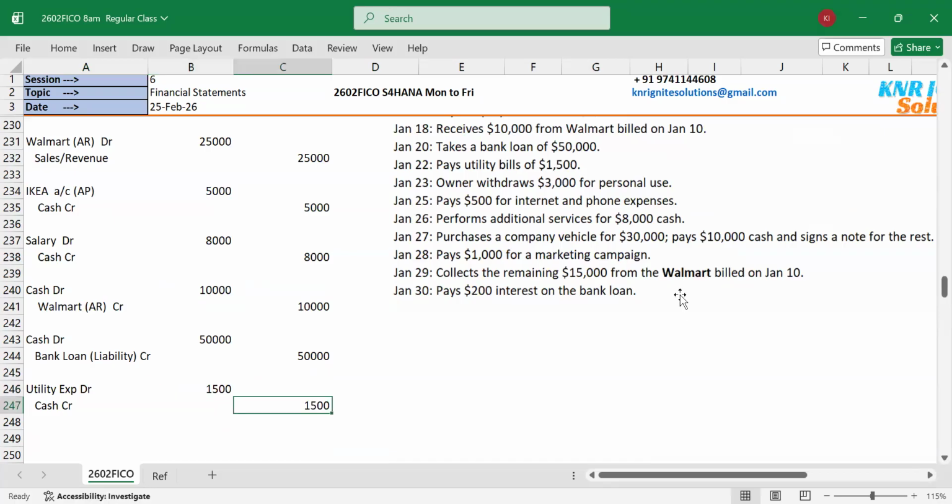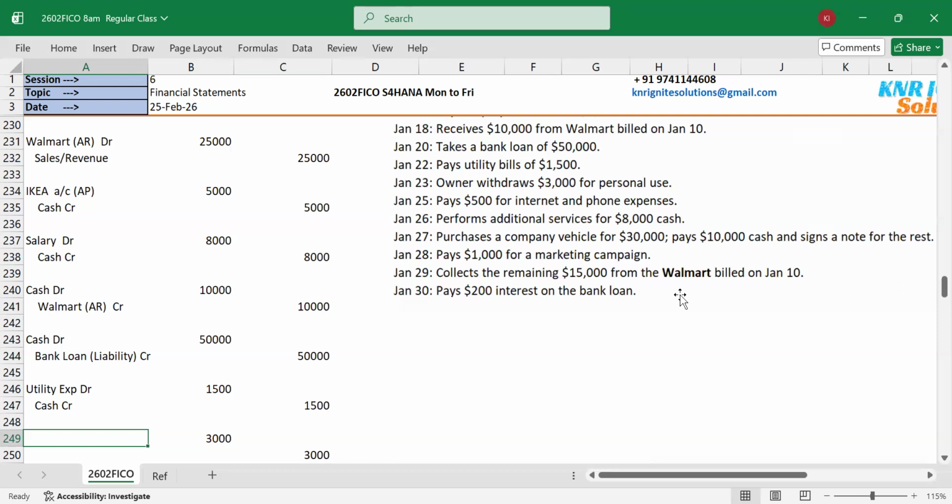Okay. Next transaction, we have 3,000. What happened? The owner has withdrawn for own use. He has invested 1 lakh, or 100K, into the business. Now he needs something for his personal use as well, apart from his salary.